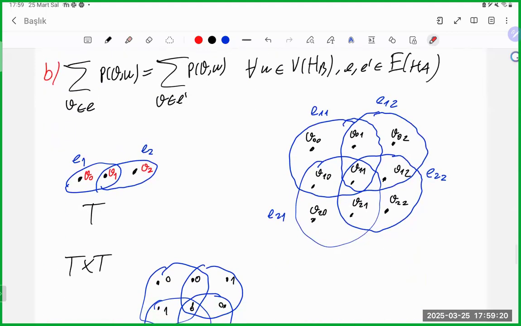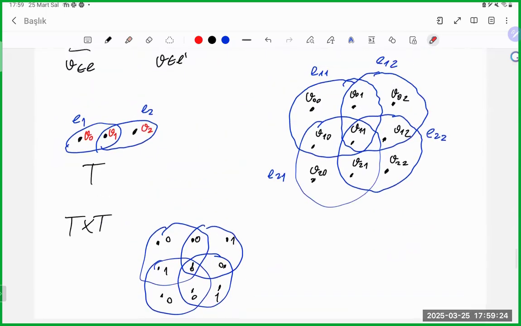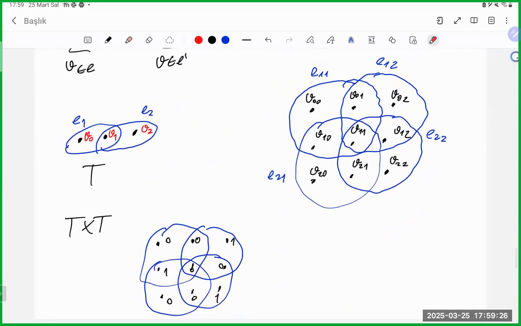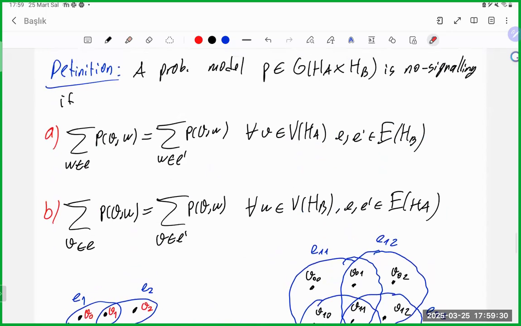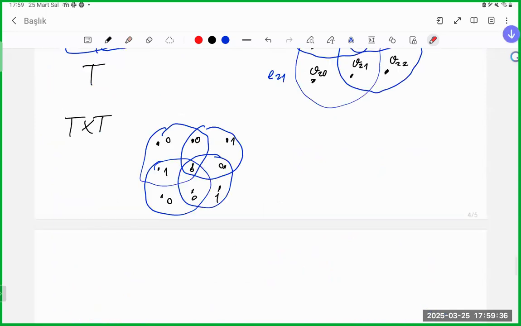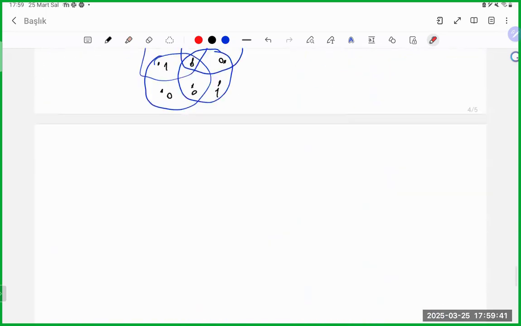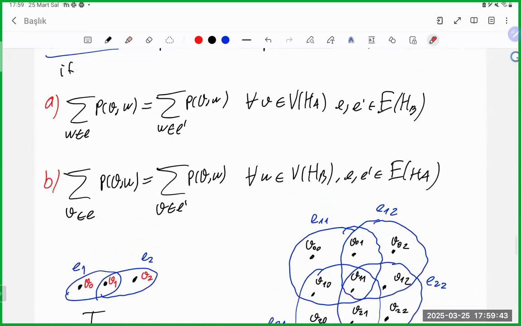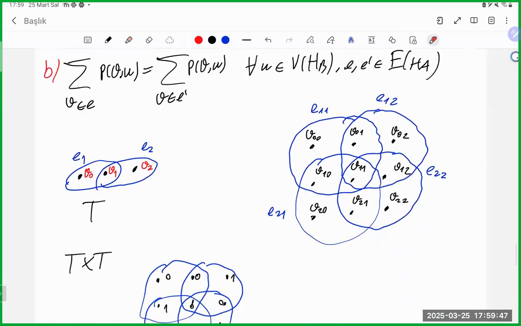I guess when you run over something in the summation formula, these E and E prime are the edges of one of the contexts, say Bob or Alice, right? Could you go over which of the two are the same when you do an example on this?